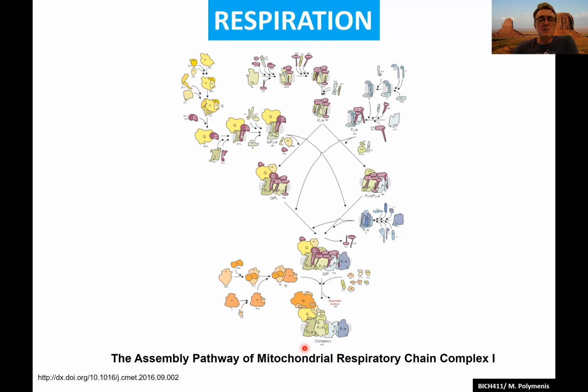But you can see some of these mutations, and most of them for complex 1 happen to be in the assembly pathway of complex 1. So there are various diseases in people, in human genetics, that are associated with a defective assembly of complex 1, which leads to all these mitochondrial style diseases.